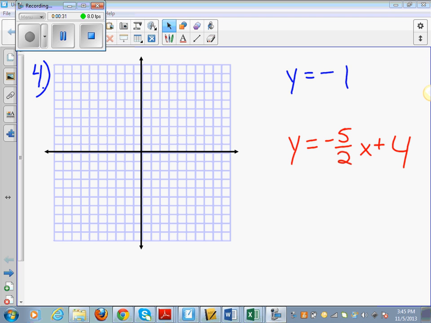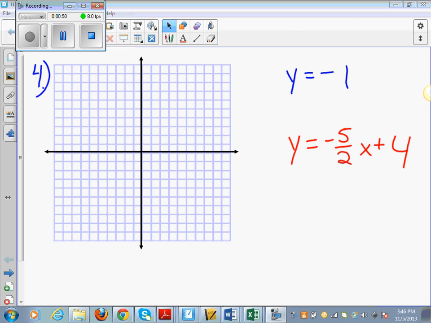I have y equals -1 as one of my equations, and the next is y equals -5/2 x plus 4. These are both already written in slope-intercept form, although y equals -1 doesn't quite look like it.